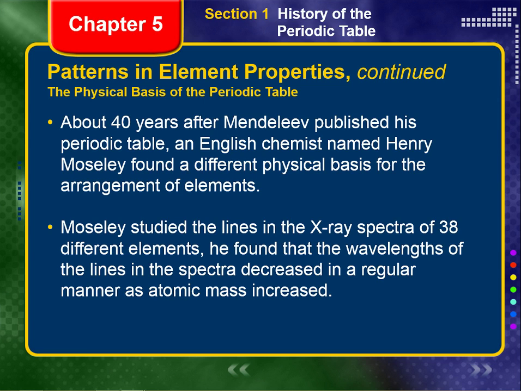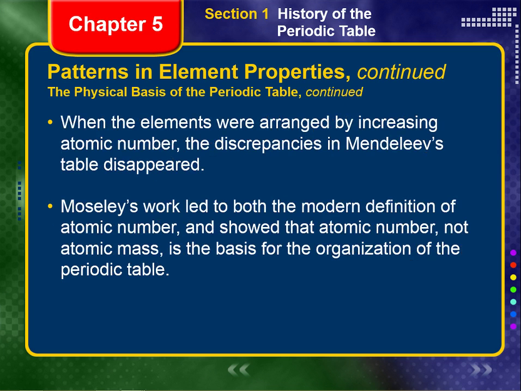Moseley studied the lines in the X-ray spectra of 38 different elements, and he found that the wavelengths of the lines in the spectra decreased in a regular manner as atomic mass increased. When the elements were arranged in increasing atomic number, which we now know is the number of protons, the discrepancies in Mendeleev's table disappeared, meaning they were super consistent with each other.